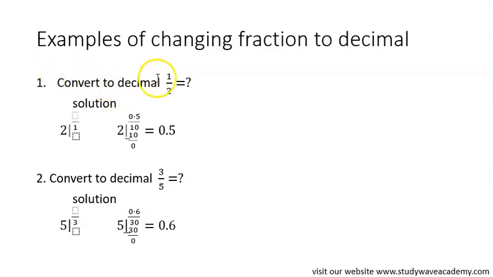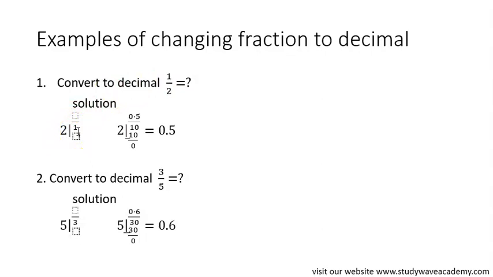Convert to decimal. 1/2. You have to convert 1/2 to decimal. And how do we do that? We are going to be using the long division method. So 2 is to divide 1.